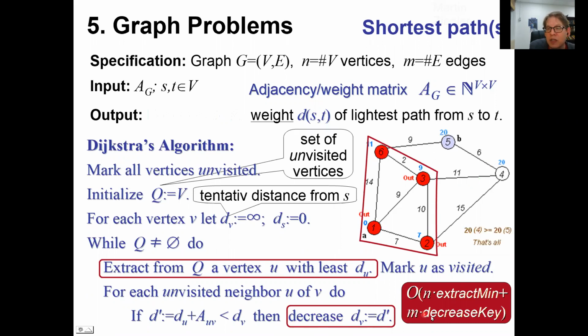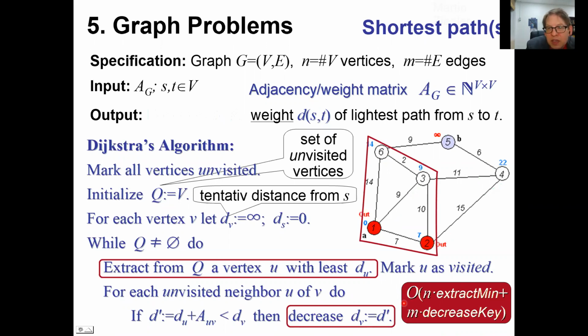So this is the cost of the decrease key operation. This is our improved, tighter and more careful analysis of the cost of Dijkstra's algorithm: n times the cost of extract min plus m times the cost of decrease key.